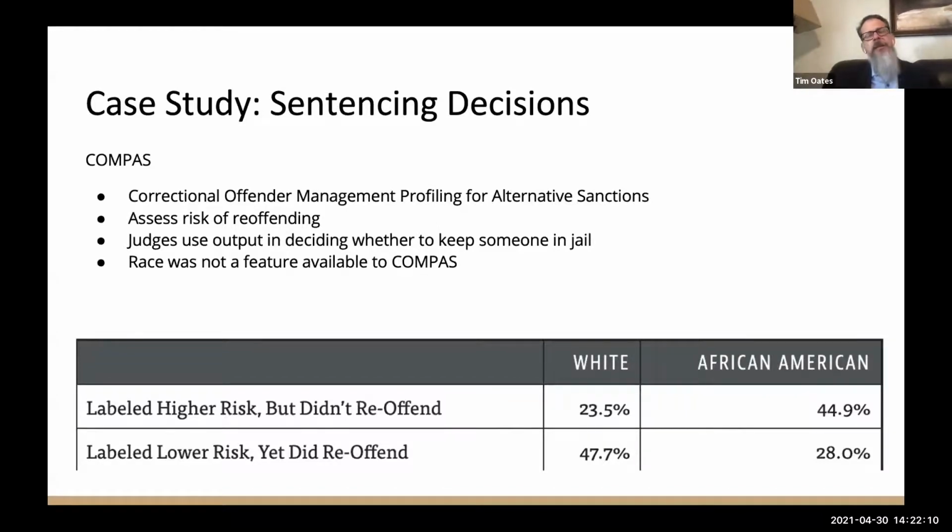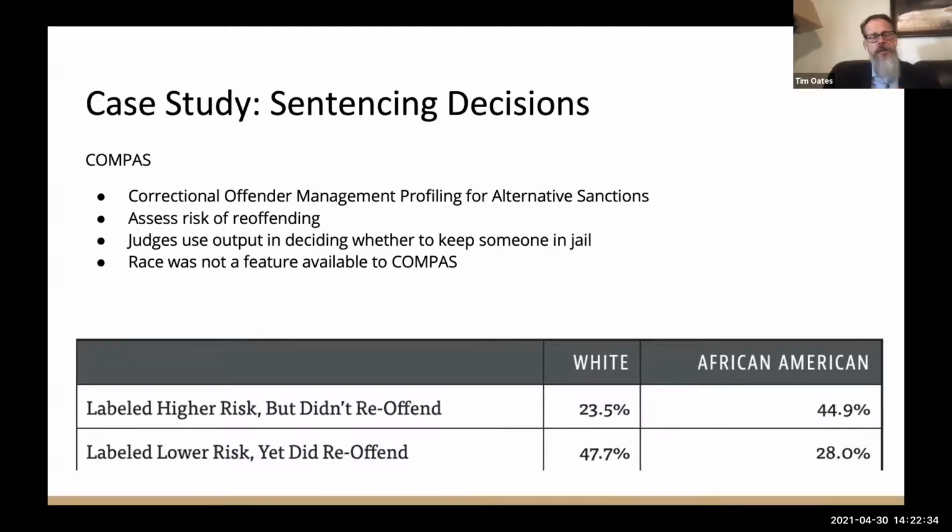It is the case that COMPASS was studied a number of times by different groups, and it wasn't until one very clever group got in there and started looking at the kinds of errors that it makes. If you look at the table below, COMPASS can label you as high risk or low risk for reoffending. The first row is you're labeled at higher risk, but didn't reoffend.